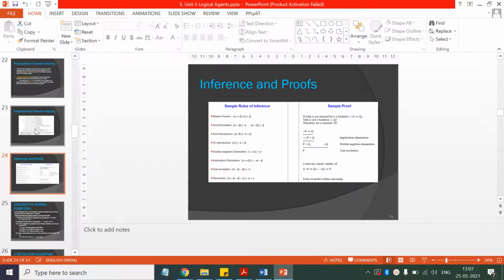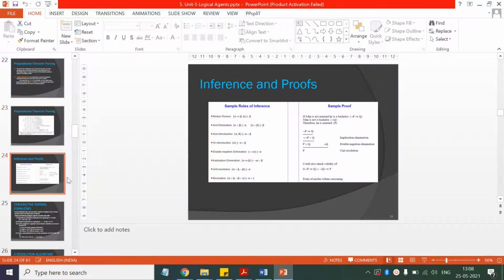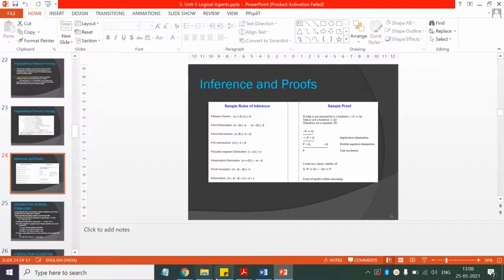Inference rules means the rules we have studied: commutativity, double negation elimination, implication elimination, De Morgan's law, Modus Ponens, And elimination, unit resolution, right? With the help of these rules and inference mechanisms, we can derive new facts, or we can prove a given fact, right? So we have a strong inference mechanism in the case of propositional logic.